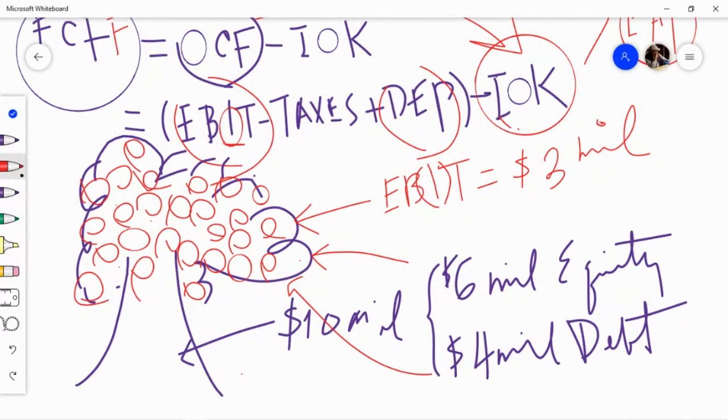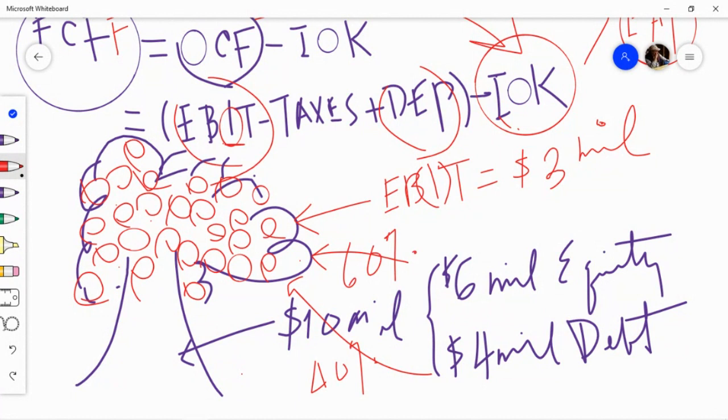The owners will get paid, no matter the portion of the contribution. All these fruit, $3 million worth of fruit, are thanks to equity and debt, in a 60% proportion and a 40% proportion. You understand that, right?